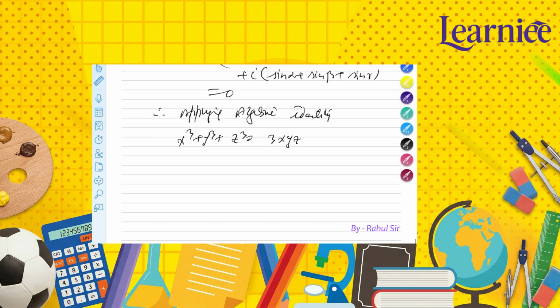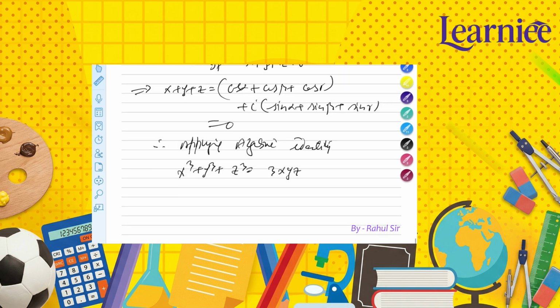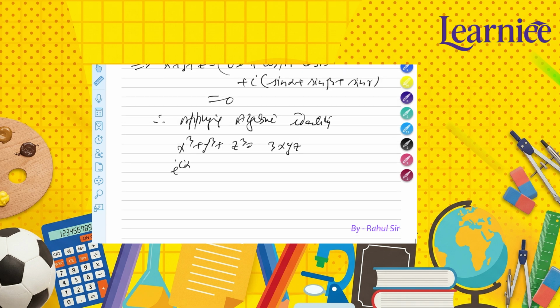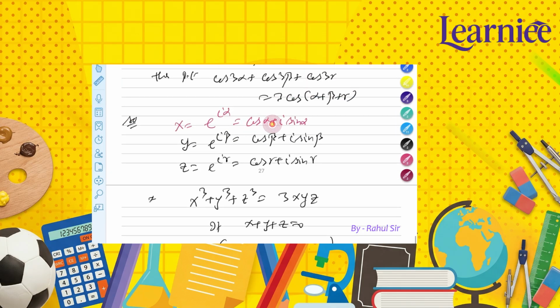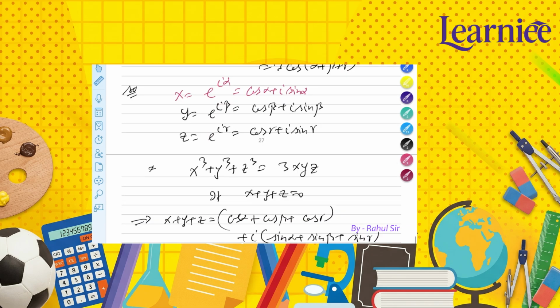Now I will substitute these values, so I will get e to the power i alpha cube. We can use the trigonometric form also, but it is a little bit difficult, so it's easy to write in the exponential form or the Euler form.